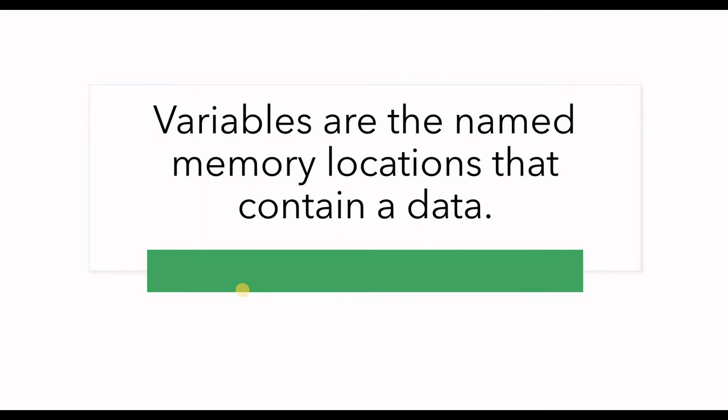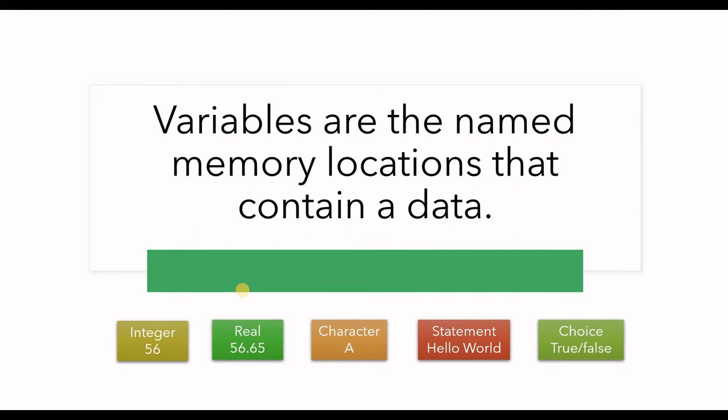The variables are stored in your computer memory, and whenever you call any variable, the data associated with that variable comes to you. Now, the data which will come to you can be of various types, like integer data, say 56, 57,000 or 2,000 or 1 lakh or whatever, an integer number.